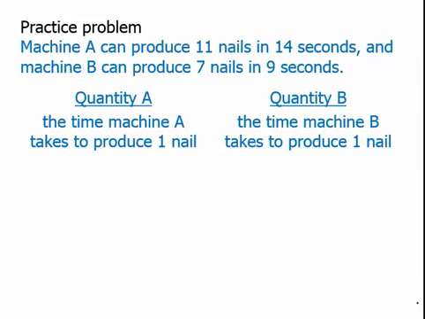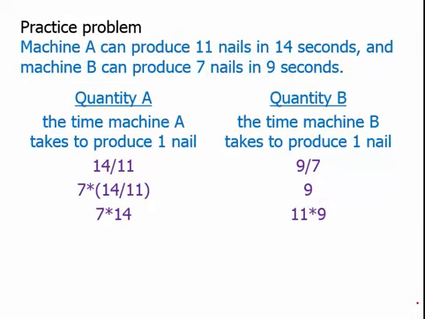And similarly, for B, each nail is produced in 9/7 of a second. So these are the two fractions we're comparing. Not very nice fractions. Well, notice that I could multiply both sides by 7. Now I could multiply both sides by 11. And essentially what I've done here is I've cross-multiplied.